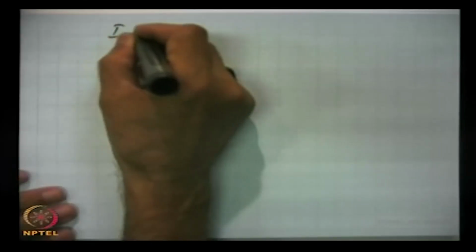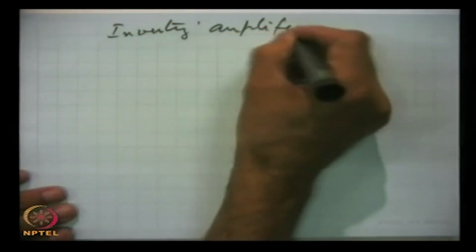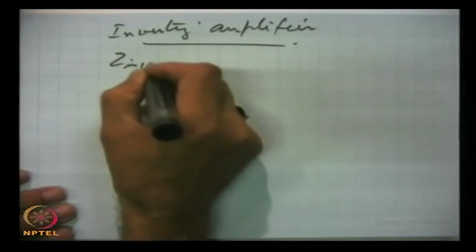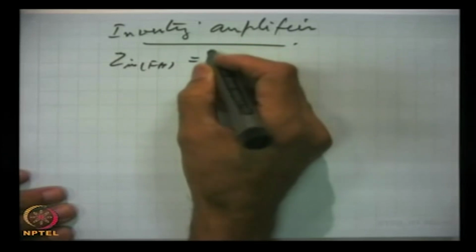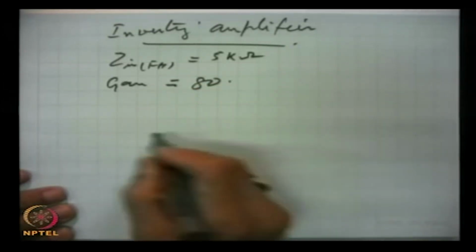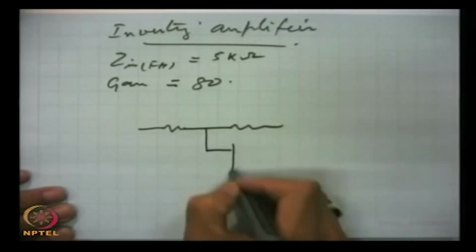There is time for one more problem: construct an inverting amplifier such that input impedance with feedback is 5 kilo ohms and gain is 80. It is very simple. You have to choose these two values rightly.